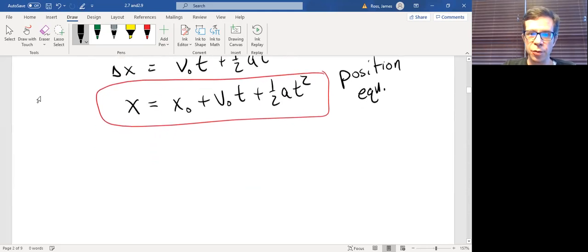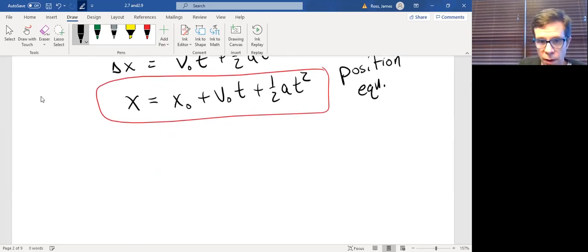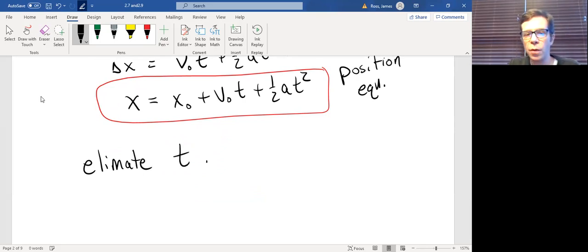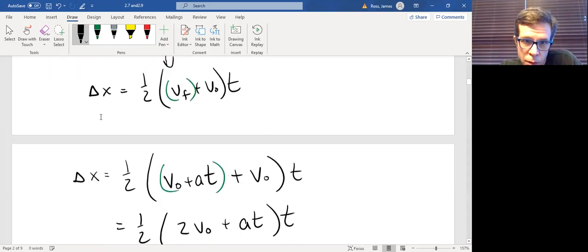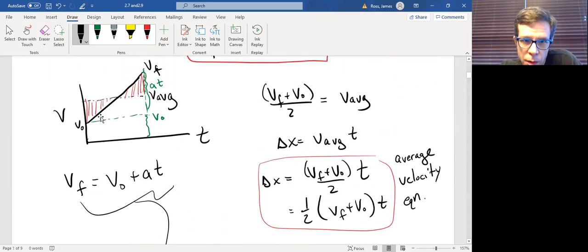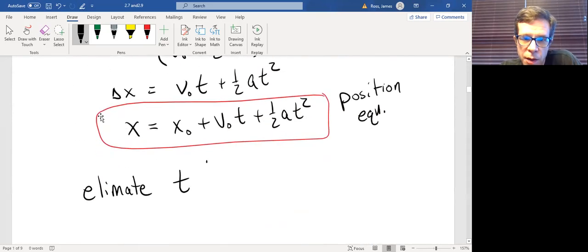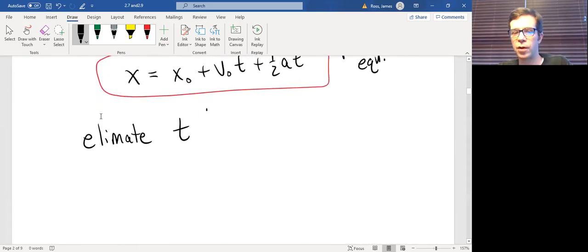If we want to do a little algebra, we can do some elimination. Eliminate t. So how do we want to eliminate t? I think I'm going to take the position and the velocity equation and eliminate t. I think that's the easiest way to do it.